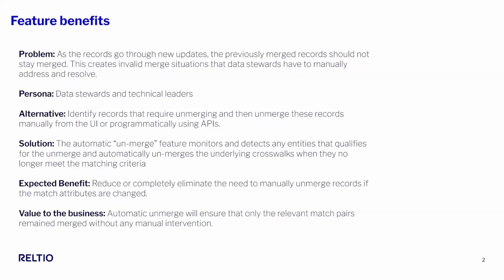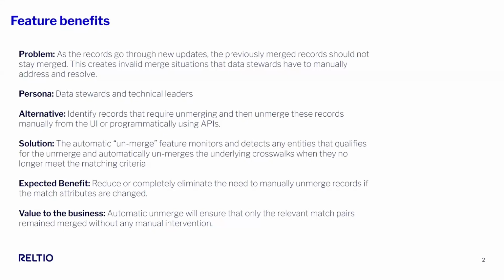So how do we first find those records which are eligible for unmerge, and either surface them for data stewards to look at and see if they agree with the unmerge, or let the automated unmerge functionality do that heavy lifting for you? That's what we are going to talk about today. So that's the problem.